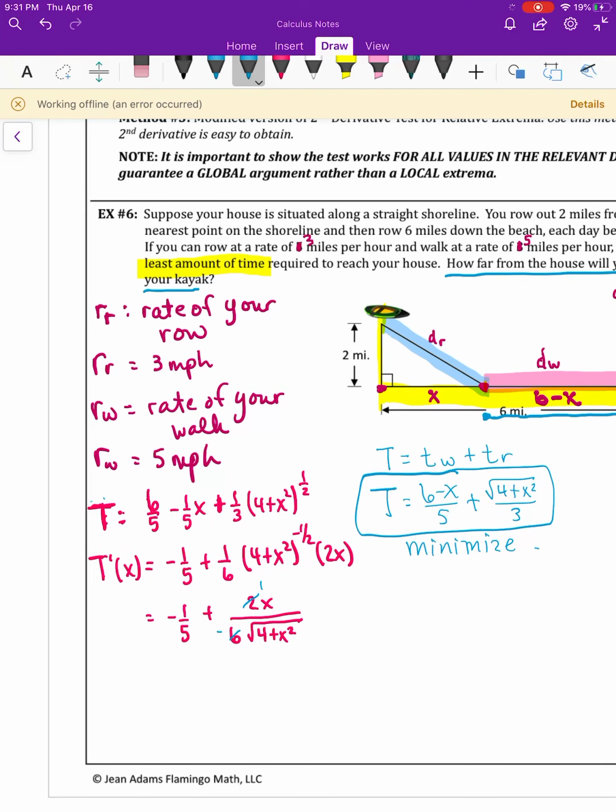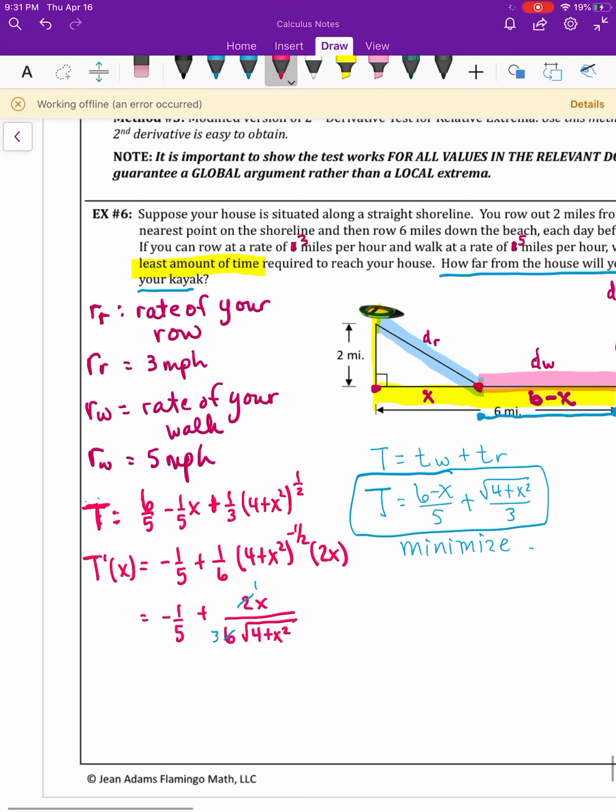So negative 1/5 plus 2x over 6 times the square root of 4 plus x squared. And I'm going to divide by 2, I get 1. Divide by 2, I get 3. So this is going to be negative 1/5 plus x over 3 times the square root of 4 plus x squared.